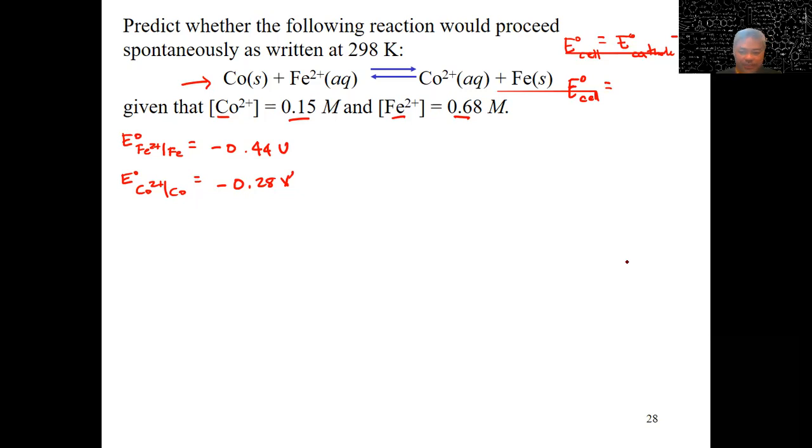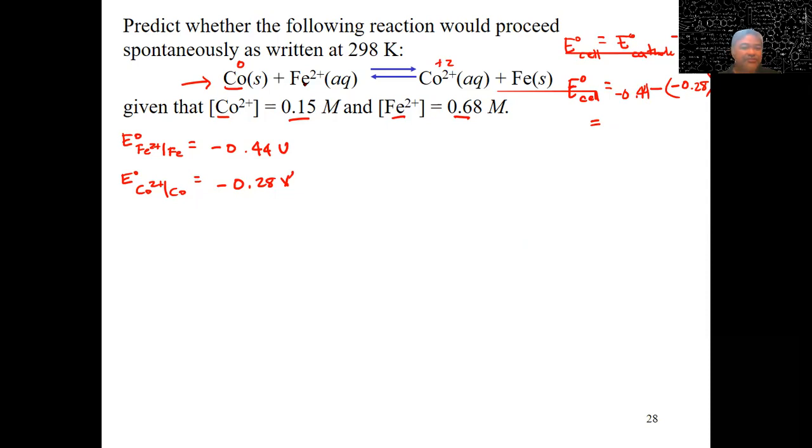So yung cobalt, I'm going to put it here. Tapos ito. Now yung iba, na-follow nyo ba? Bakit yan yung sagot? Kasi makikita mo yung cobalt dito, from 0 oxidation number, naging +2. So siya yung na-oxidize. So siya yung nasa anode.